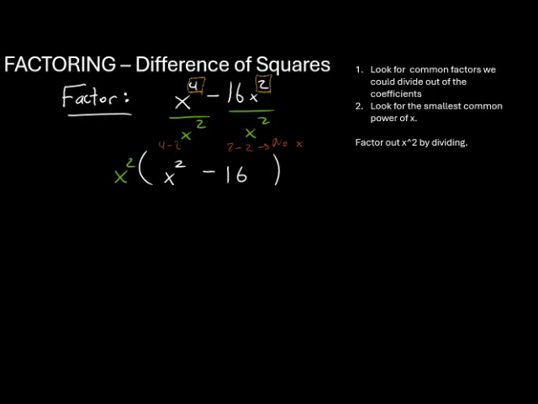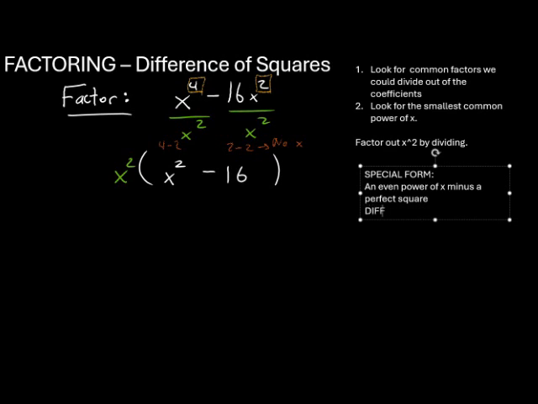The special form that I'm referring to, though, involves any time you have an even power of x minus a perfect square. The special name for this that you may hear in class is called a difference of squares.